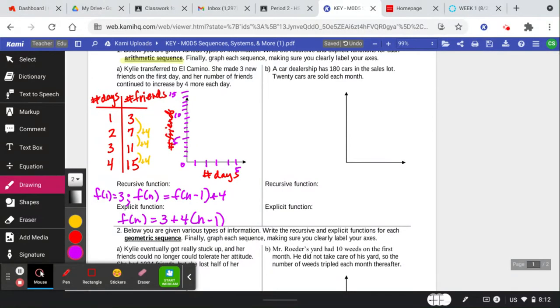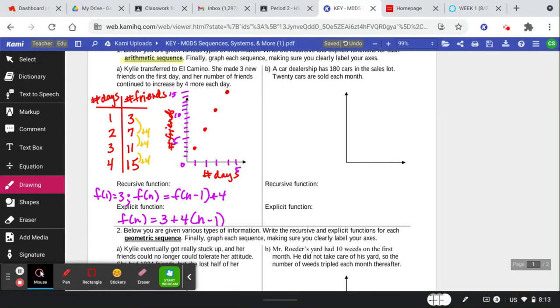And then let's go graph it. Put a dot at 1, 3. Put a dot at 2, 7. Put a dot at 3, 11. And then 4, 15. And hey, look, it looks linear like it should because we're constantly adding 4 each time.